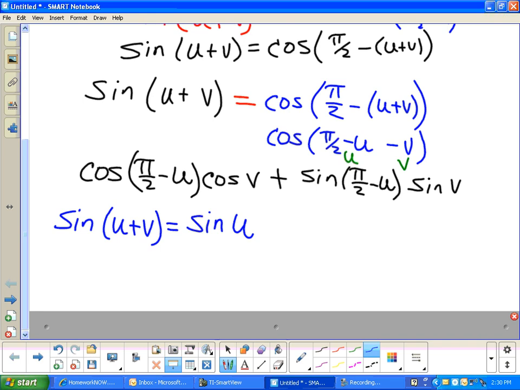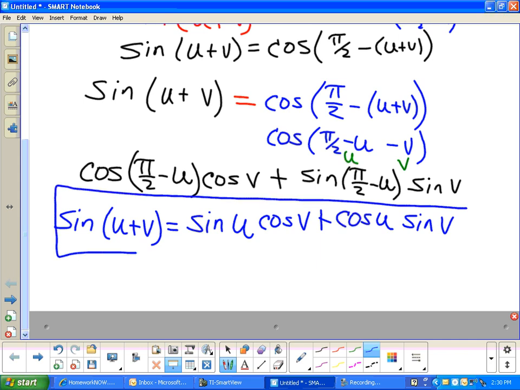The cosine v stays cosine v. The next term, sine, becomes cosine u. And the last term stays the same. Oh, is that it? That is the formula. And if this had been minus to begin with, it would be minus here.